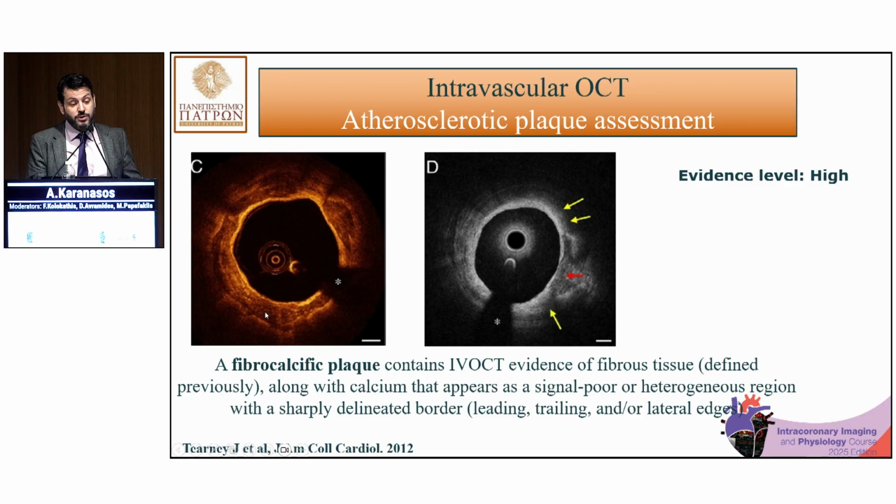And the other characteristic is that it has low attenuation. Low attenuation means that you can actually see behind it. As you can see over here in this panel, you can clearly distinguish behind.